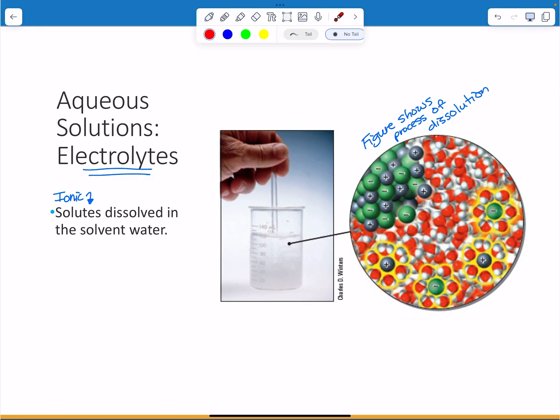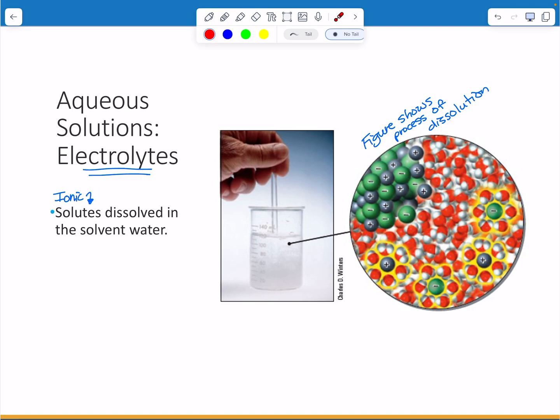This is sodium chloride in water. The chloride ions are shown in green, the sodium ions are shown in gray, and the water molecule is shown as a red oxygen with two white hydrogen atoms.